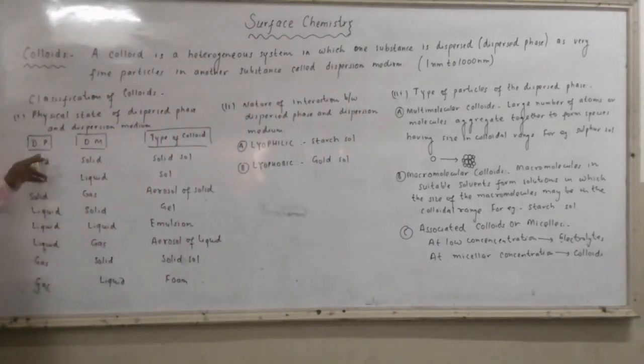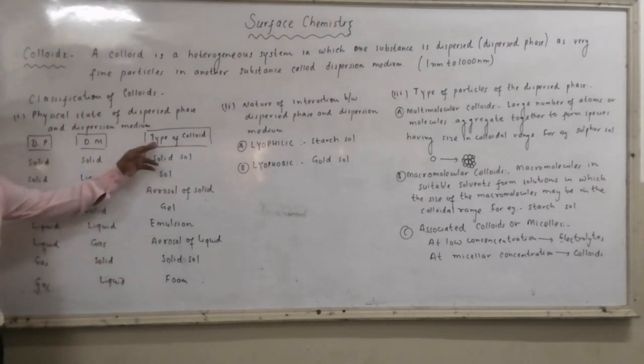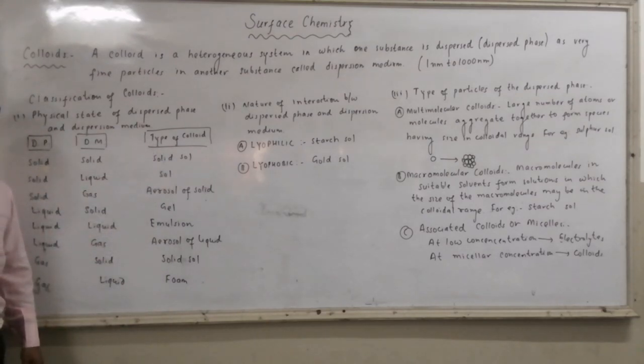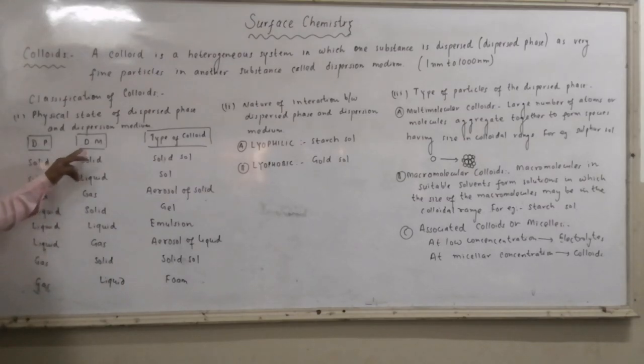First one, dispersed phase solid and dispersion medium solid. Type of colloid is called solid sol. Dispersed phase is solid and dispersion medium liquid. It is simply called sol. Then we have solid gas combination.